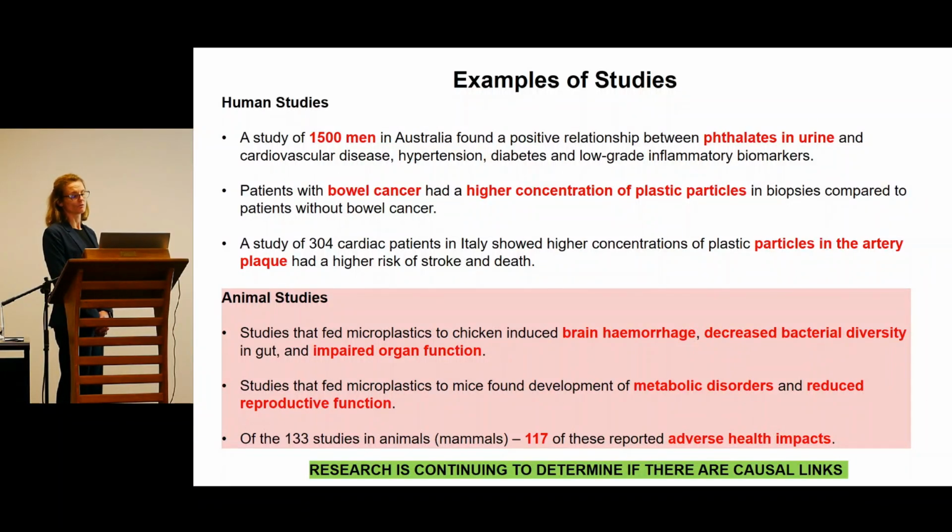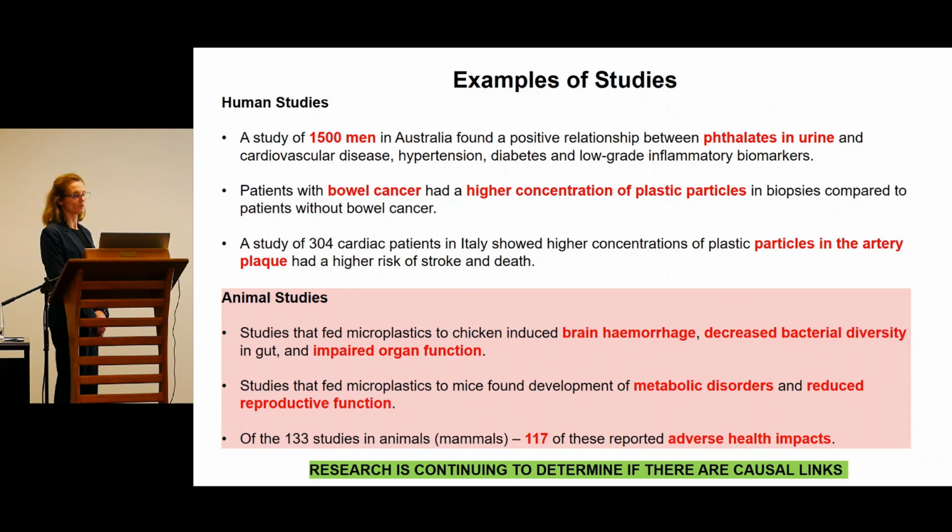Studies that also fed microplastics to mice found the development of metabolic disorders, reduced reproductive function. However, in summary, a review of 133 animal toxicity studies where microplastics were exposed or fed to animals, 117 of the 133 studies all reported adverse health impacts.